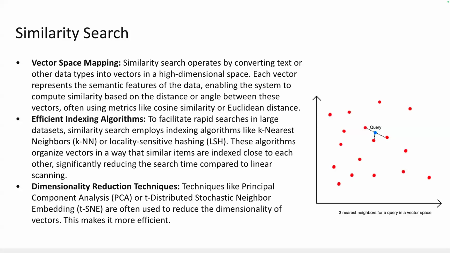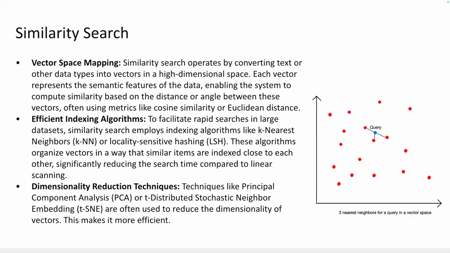By leveraging metrics such as cosine similarity or Euclidean distance, and there's a lot of different techniques you could use, the system can really discern the similarity between vectors and how close two vectors are to each other, effectively gauging the semantic closeness of two queries or two data points.